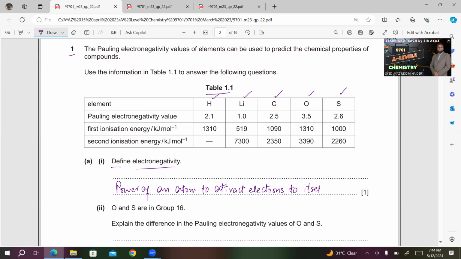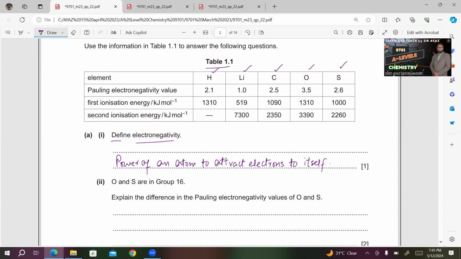Remember, they are attracting electron toward itself. And those elements which have this power, they are known as electronegative elements. Non-metals are more electronegative when comparing with metals.